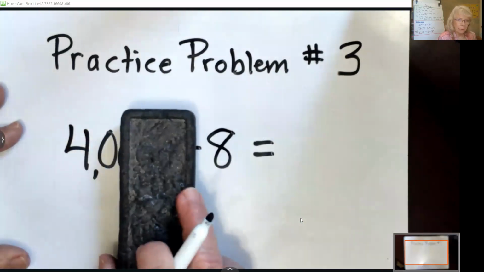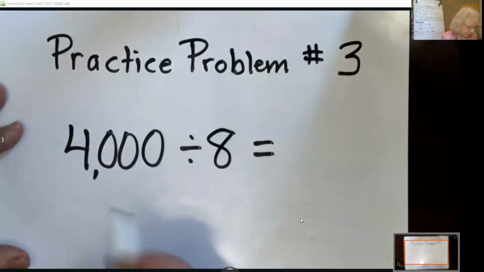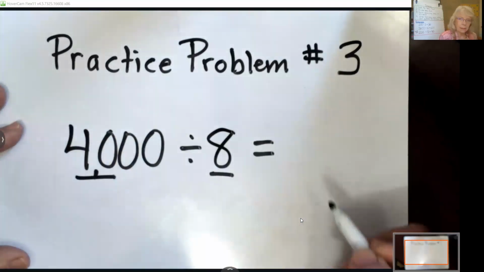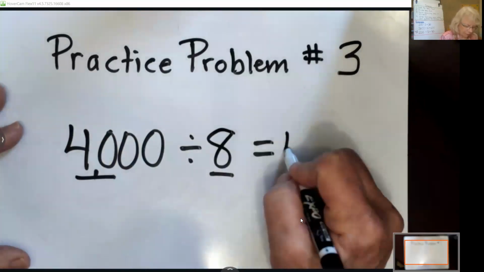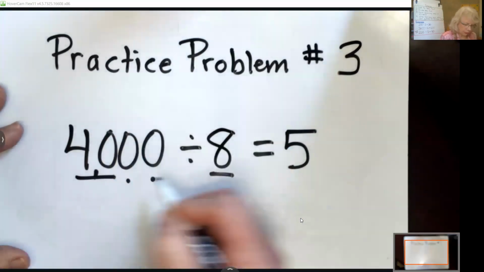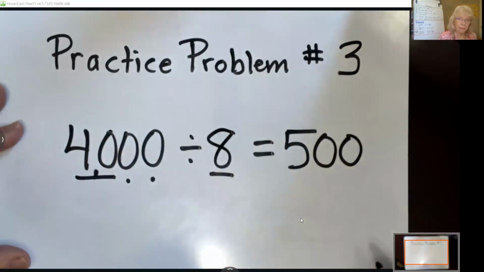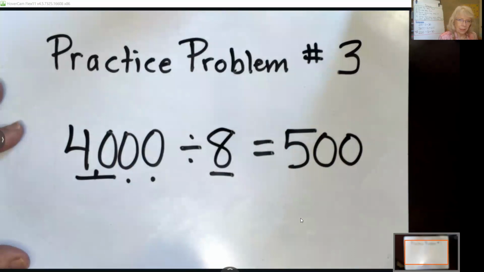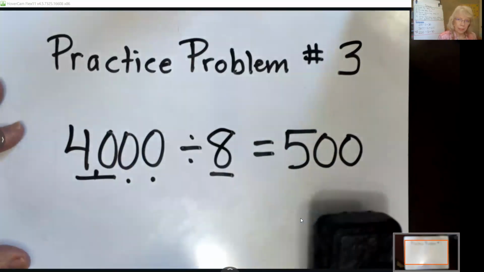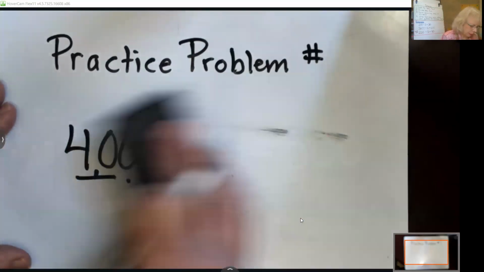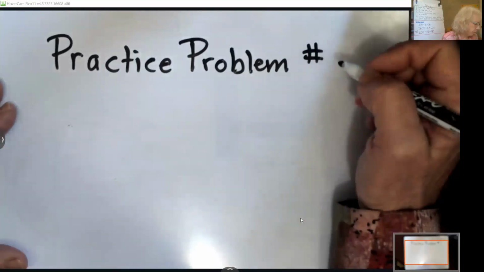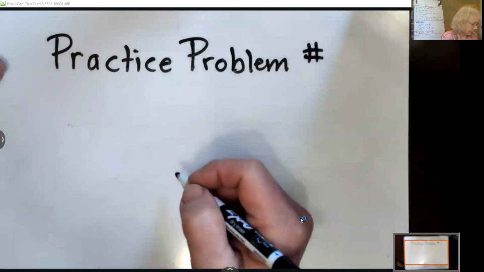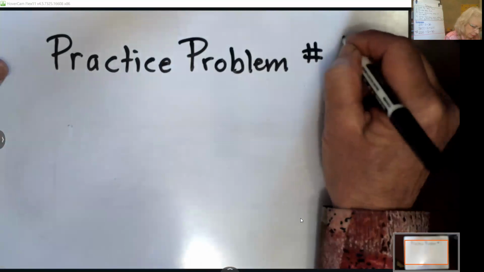So we're going to have to go to 40 as our basic fact. 40 divided by 8 is 5. Add 2 zeros and we get 500. And if you want to check that with multiplication, go ahead.